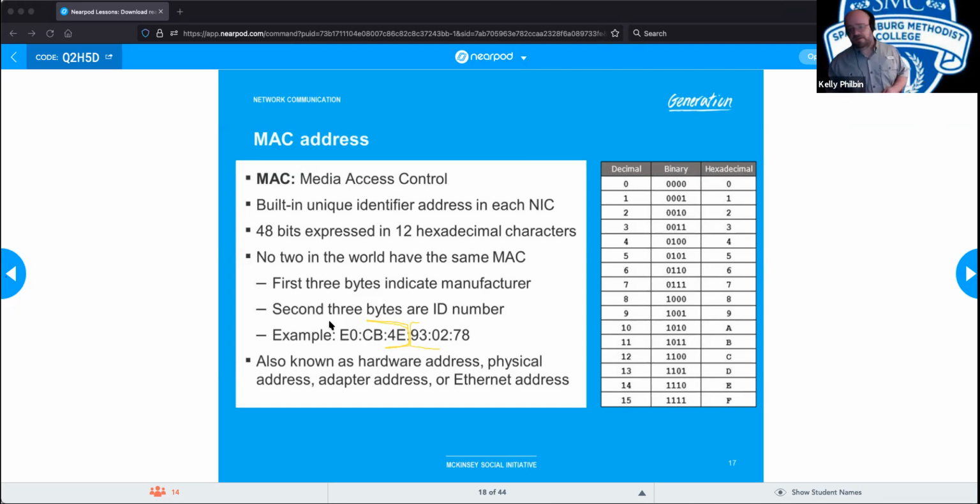So it may be for the HP 5000 series, that's the MAC address prefix. These first 3 bytes would be that address. And then the last 3 again are the unique identifier of that individual device itself. Does that answer your question, Evan?